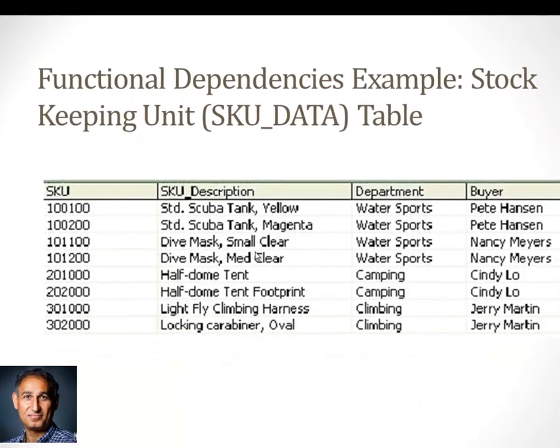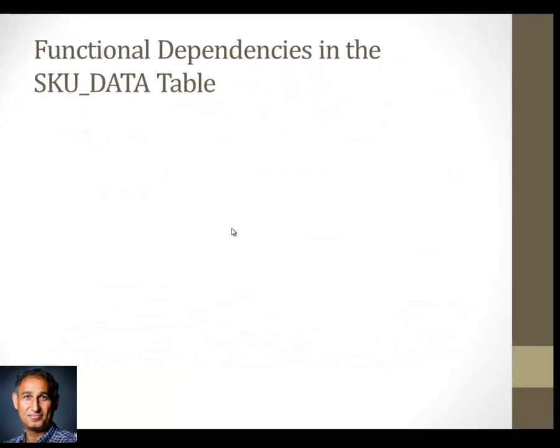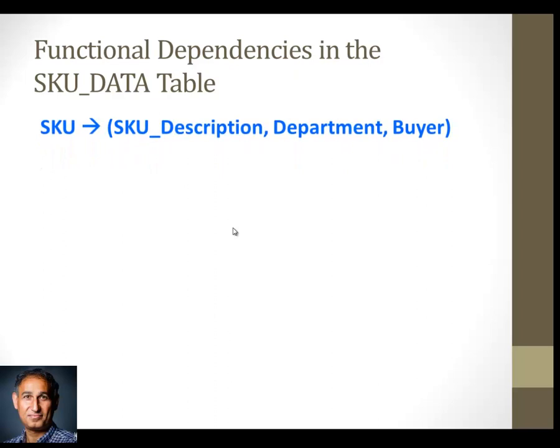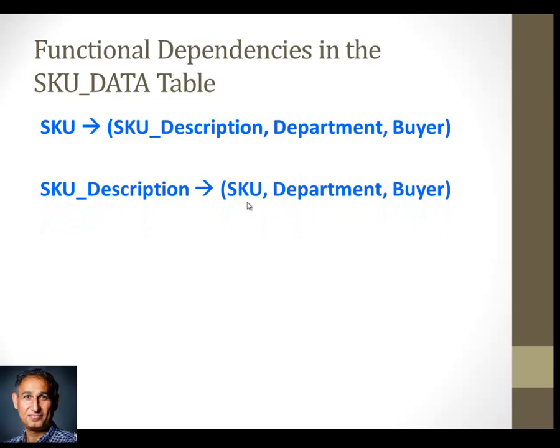Just by looking at the table, we can say that the SKU is a determinant and can determine the item description, the SKU description, the department, and the buyer. The item description can determine the SKU, department, and buyer.